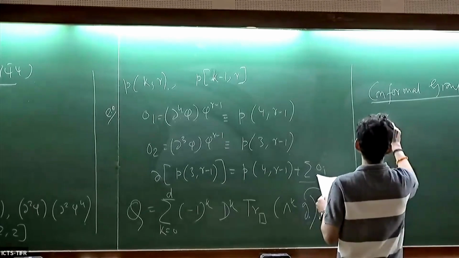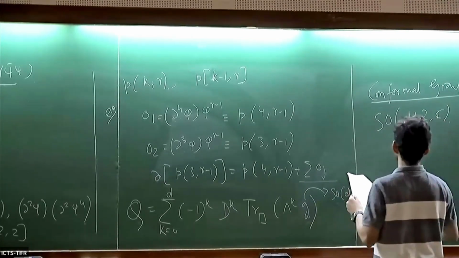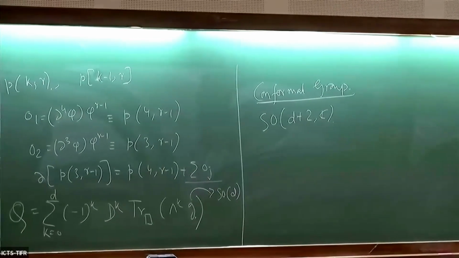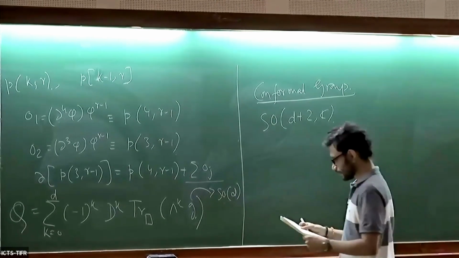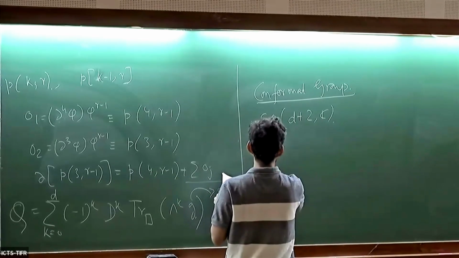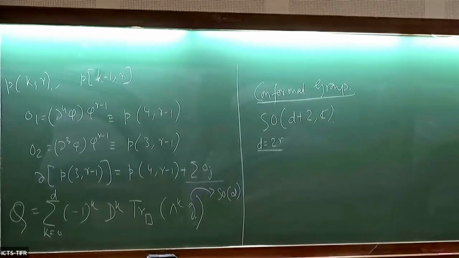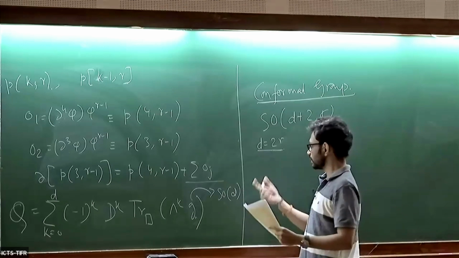Now, the conformal group that we are interested in, you can write in terms of SOD plus 2, or SOD plus 2 C, the complexified. We are considering D equal to 2R, an even dimension, because here D is 3 plus 1, so D equal to 4. Because we are working in Euclidean now.